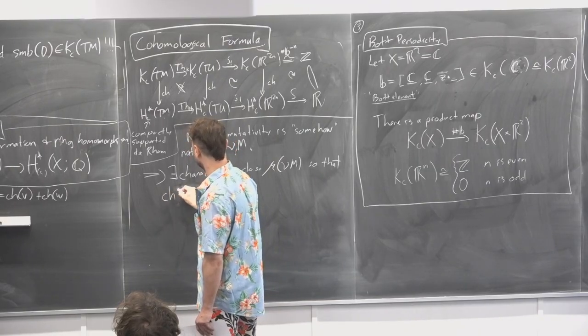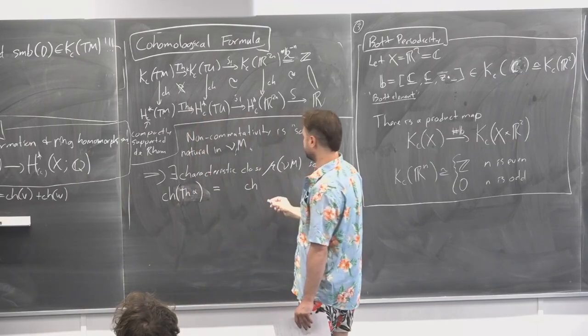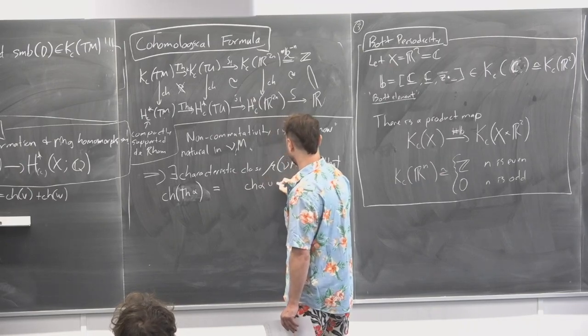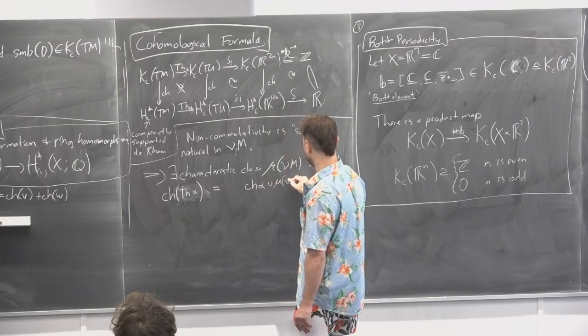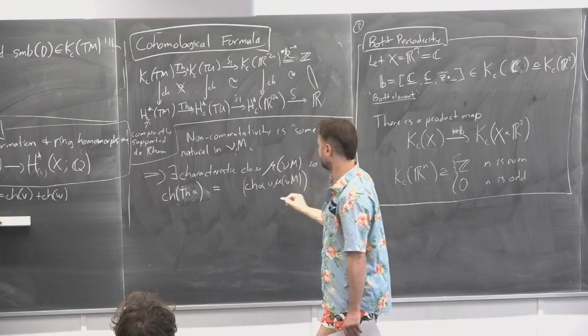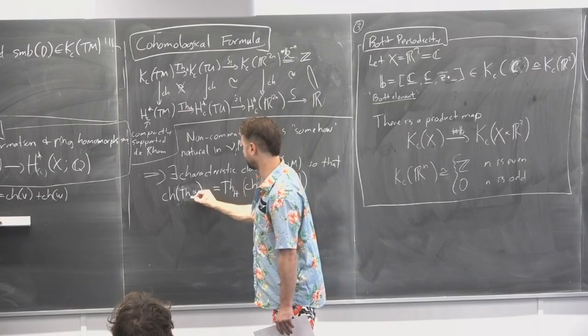So the Chern character applied to the Thom isomorphism applied to alpha is the same as taking the Chern character of alpha cupped with this mu that has nothing to do with alpha, and then you apply the cohomology Thom isomorphism to that.